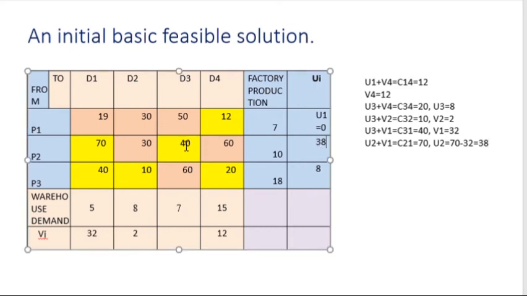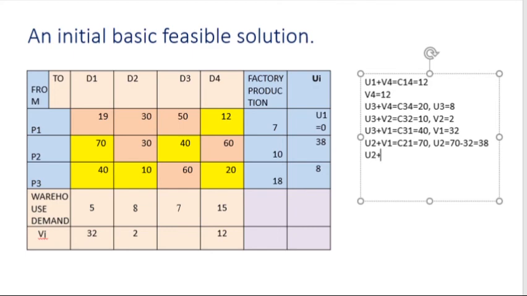Now this 38 can be used for calculation of V3. Next we have U2 plus V3 equal to C23, which is equal to 40. So that means V3 equal to 40 minus 38, which is equal to 2.